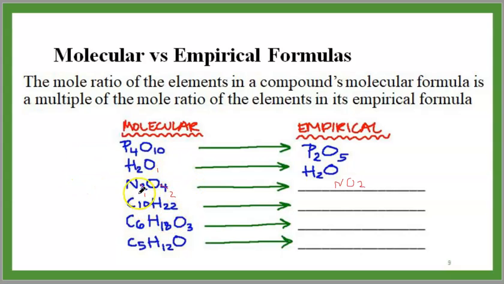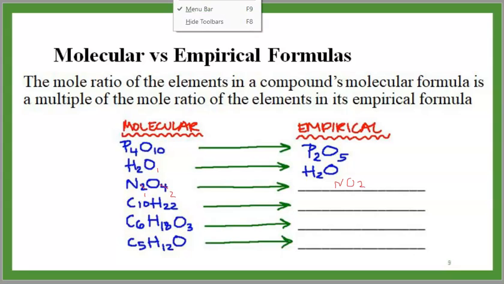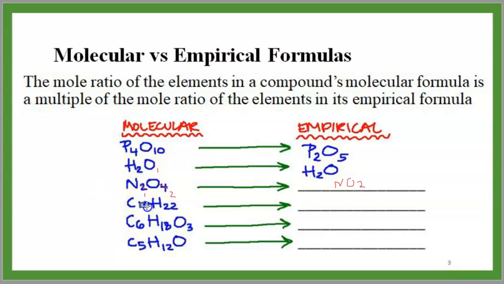So I'm going to go ahead and divide them by 2. So I would get C5H12, or rather, 22 divided by 2 is 11.